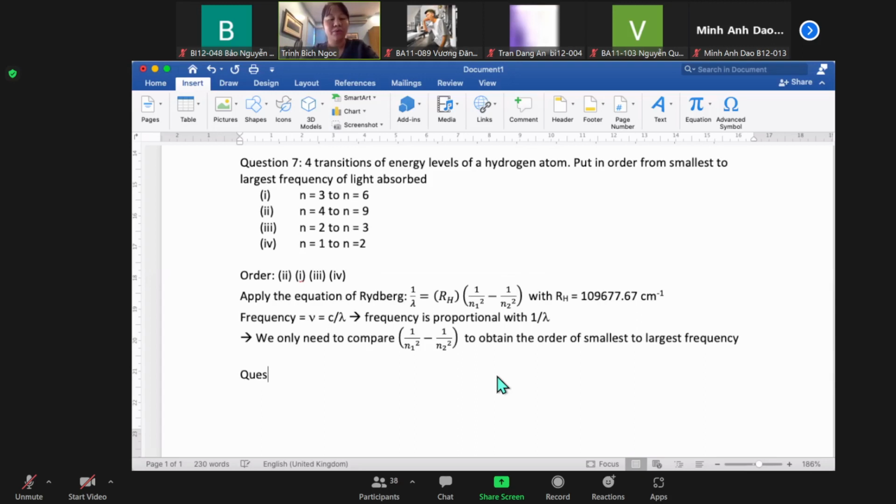Okay, we come back to question 2. They give you a diagram with an atom of the orbital, for the shell n equal to 3.